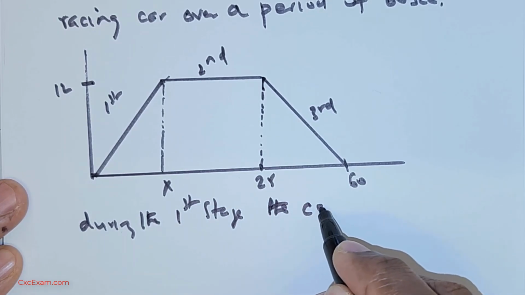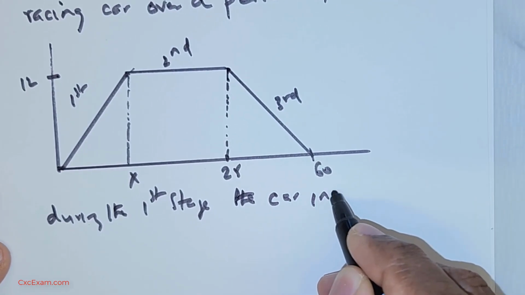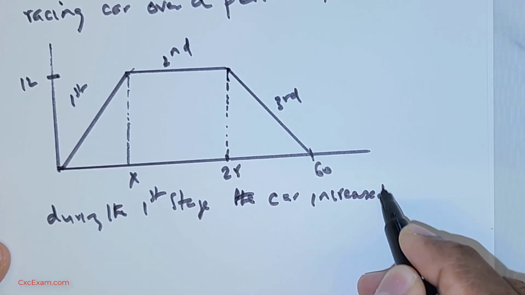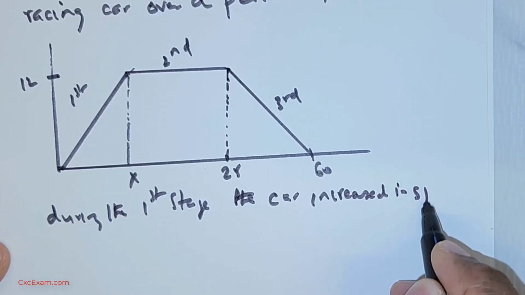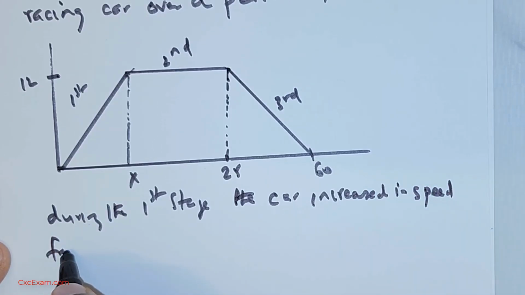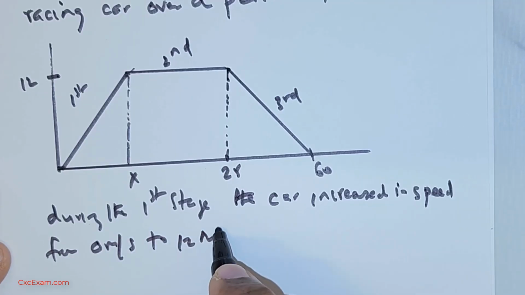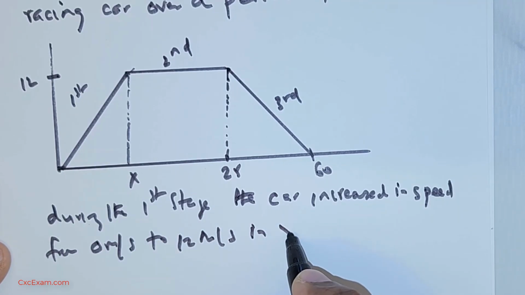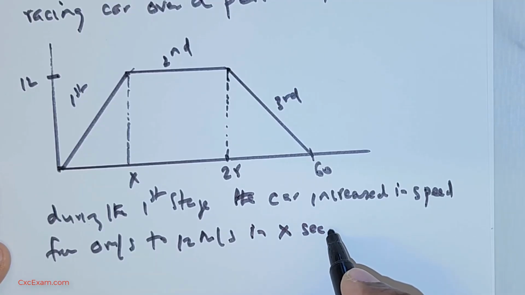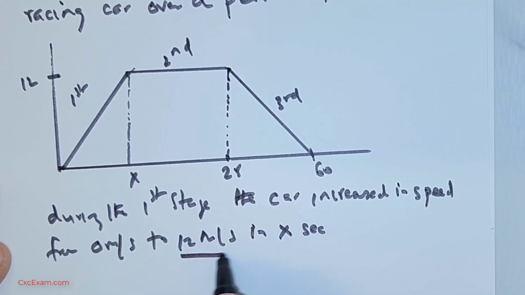During the first stage, the car increased in speed from 0 meters per second to 12 meters per second in x seconds, right?